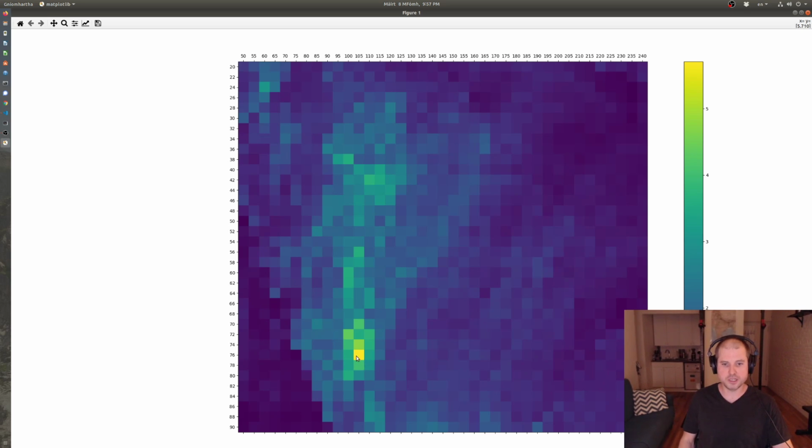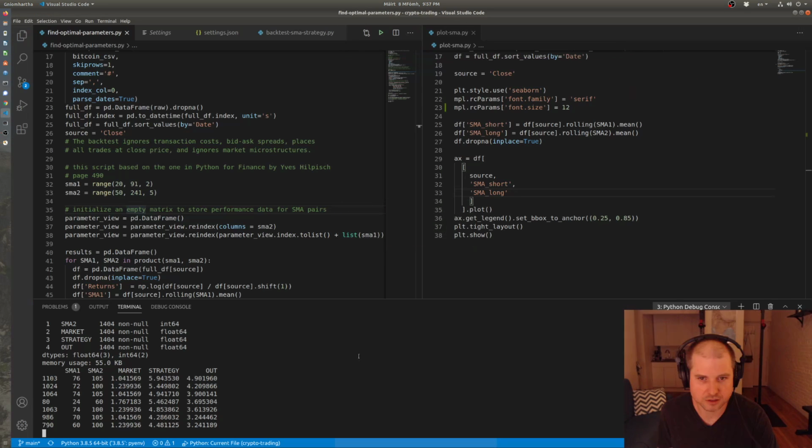Right here you can see the best value. This y-axis is the short look back length, and the x-axis is the long. So here is 76, 105. Now let's look in the terminal output. Yep, the first column here is just the index, and we can see how this pair of parameters performed.